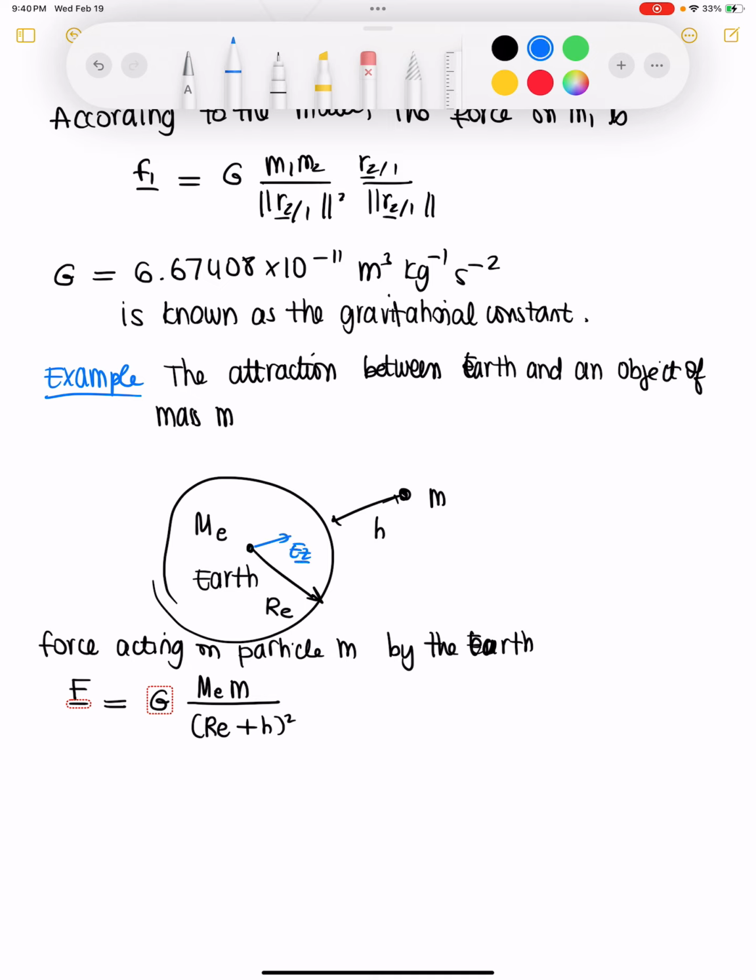Well, this vector, I'm going to call it EZ. So this force is going to point along minus EZ.